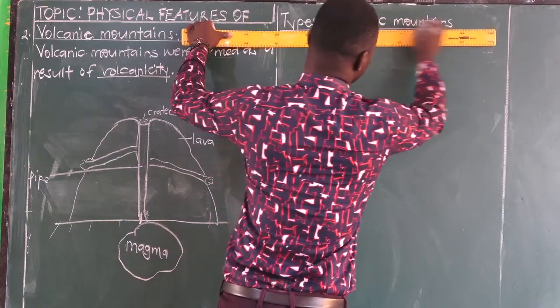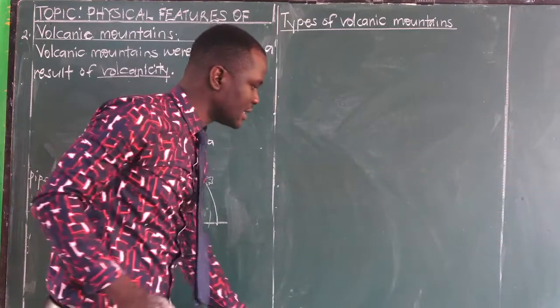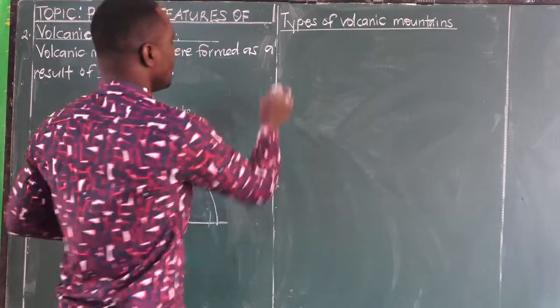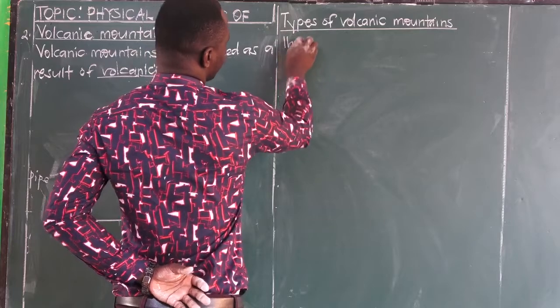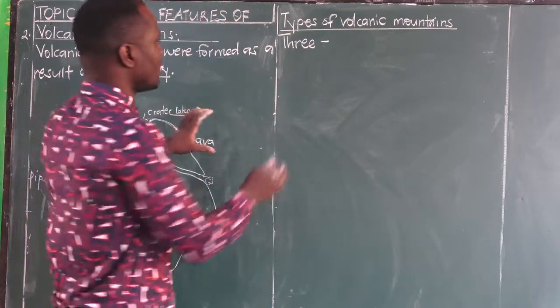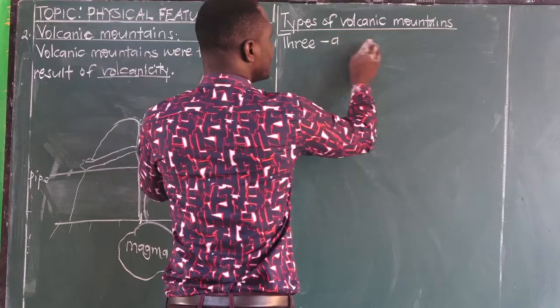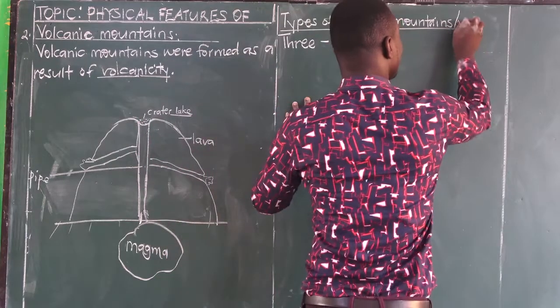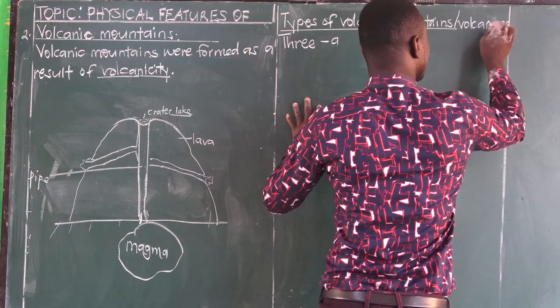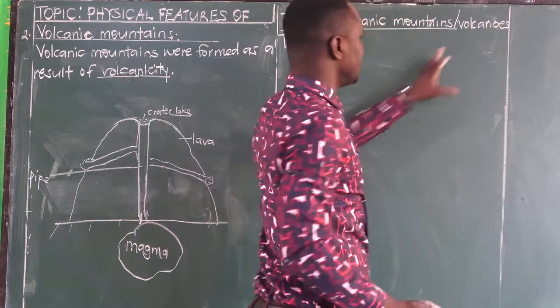What is very important for us to understand in our class is, are we able to tell the types of volcanic mountains? We are having three. There are three types of volcanic mountains. We have what we call the active. Remember, these volcanic mountains, we can also call them volcanoes.